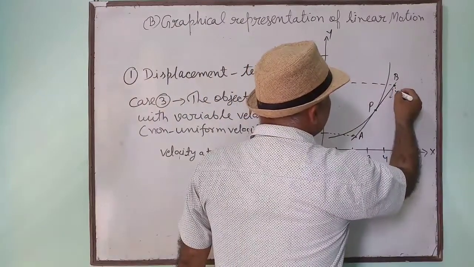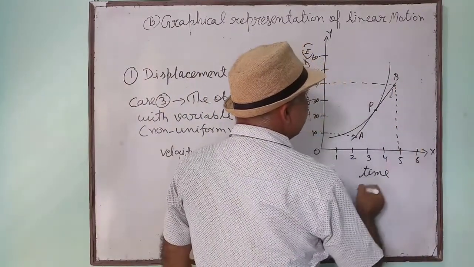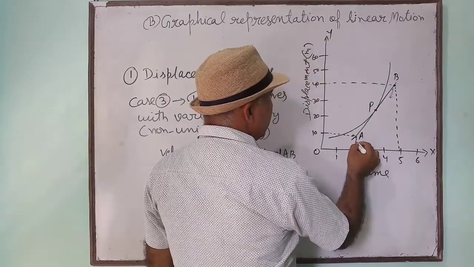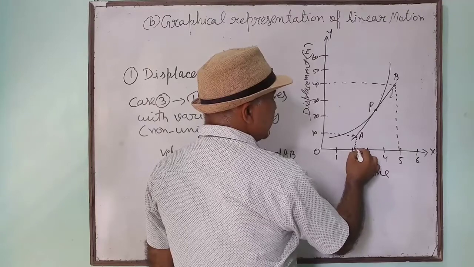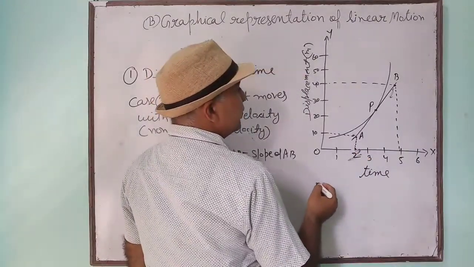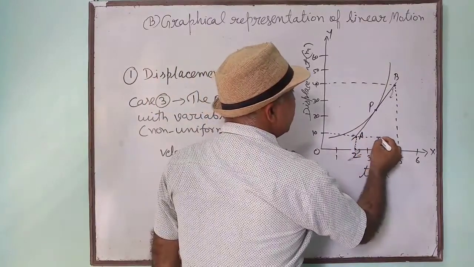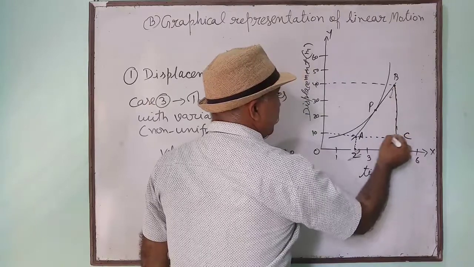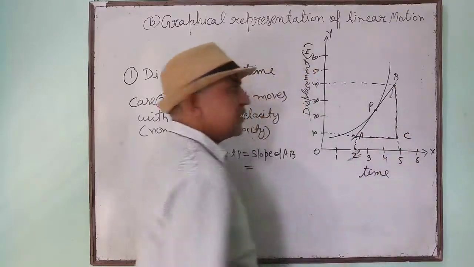From here, suppose it is meeting at 5 and this is at 2. Suppose it is 2. Okay. Extend A in the opposite direction. Suppose this point is C. Process is understood.